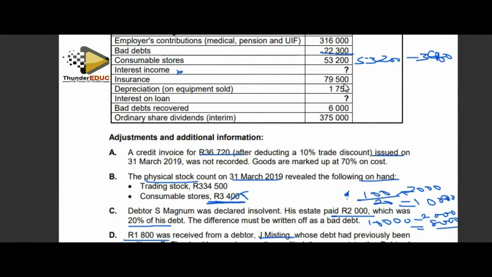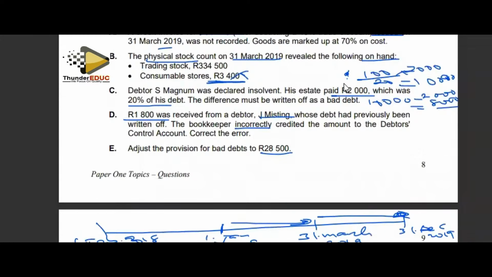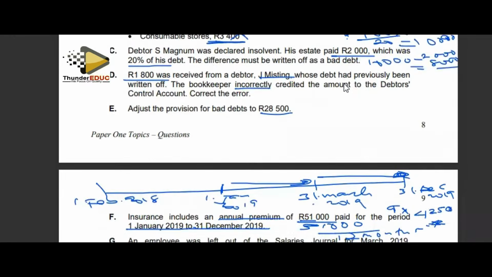So I'm going to get the 79,500 minus what was paid in advance, 38,250.